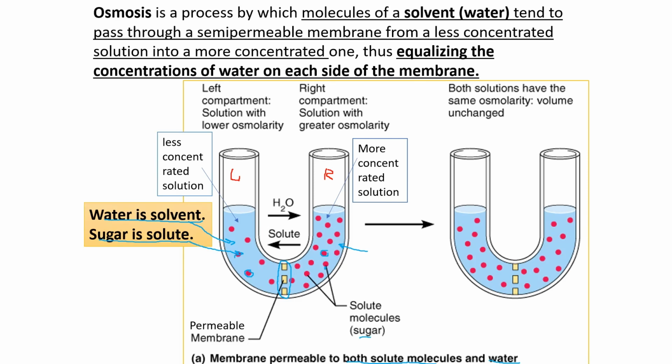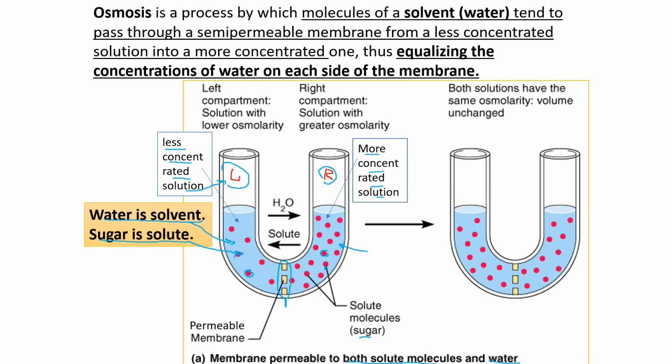Our permeable membrane divides this tube, and on the different sides, left and right, we have different concentrations of sugar in the solution. On the left side, we have just a few molecules of the sugar, so it's a less concentrated solution. On the right, we see many more red molecules of the solute sugar, so it's a more concentrated solution.